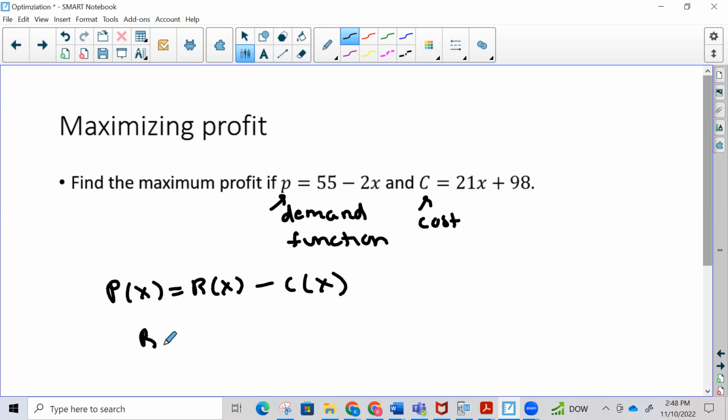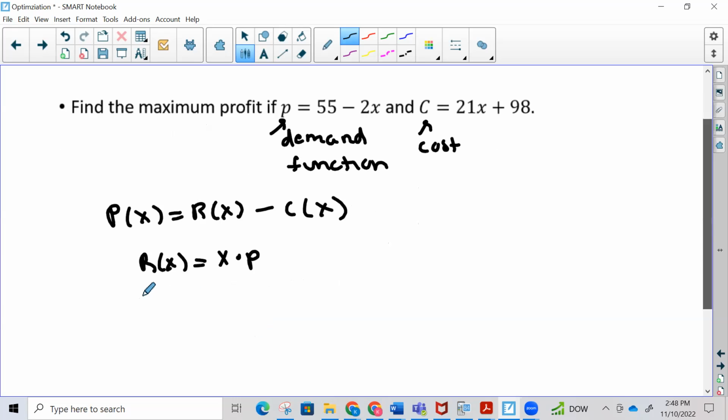And revenue, because we need to find that, they didn't give it to me, is X times P, or X times the demand equation. So our revenue would be X times 55 minus 2X. So my revenue equation is 55X minus 2X squared.